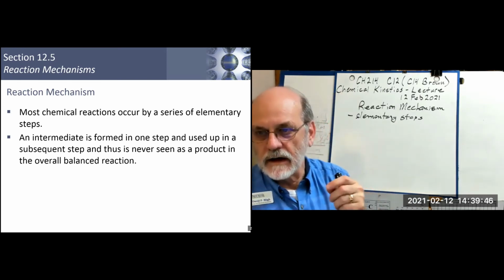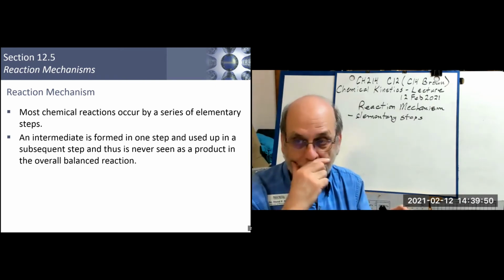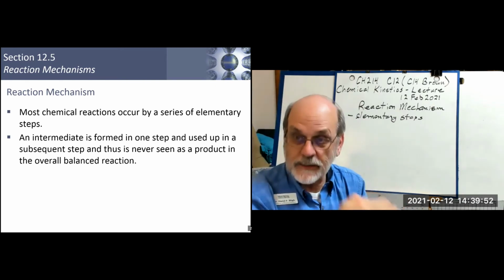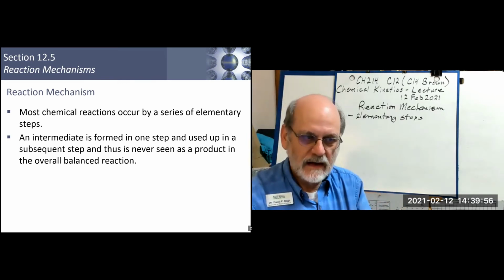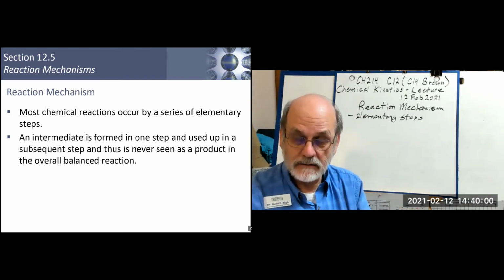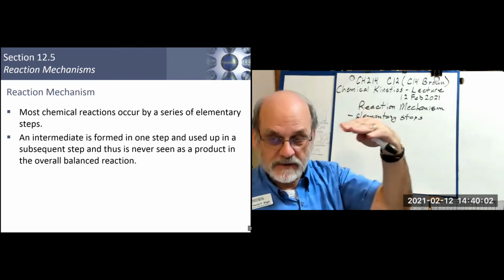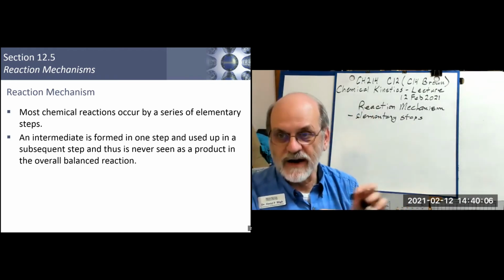And then those intermediates are used up in a subsequent step. And of course, in order to satisfy, all of your steps have to obey Hess's law. Remember Hess's law.